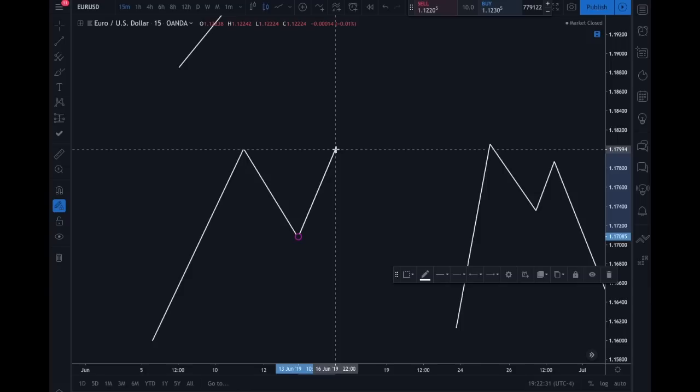And sometimes you will see the spike go higher, but the actual candle closes right at the first leg. But you'll see a spike all the way up, right? So you'll end up seeing something like this.